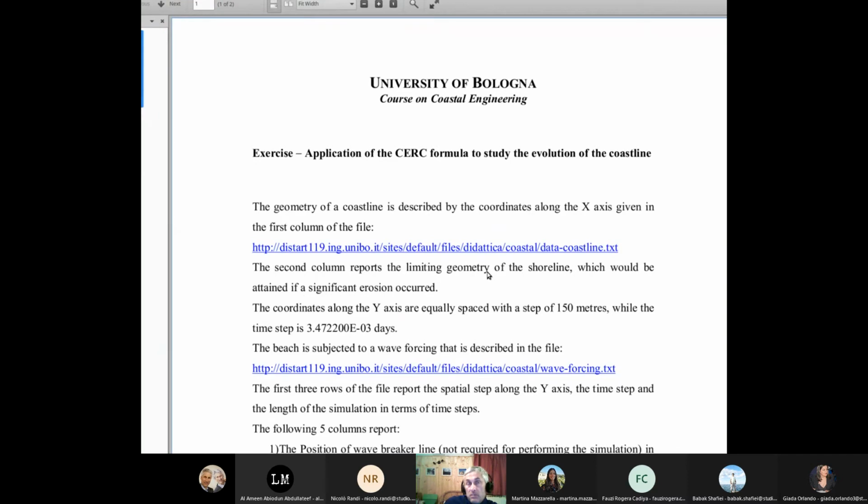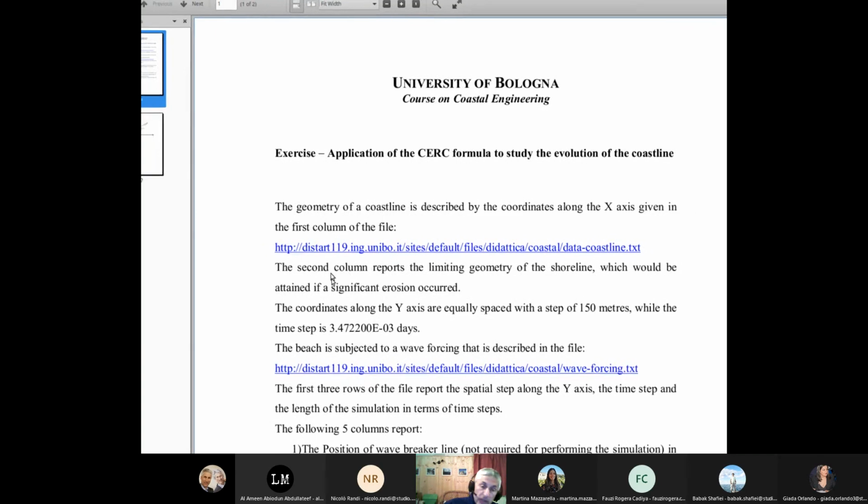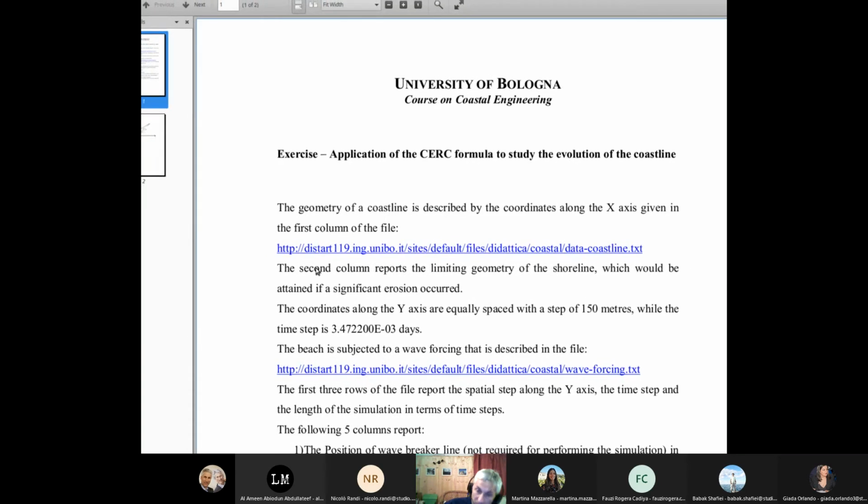But there might be limits like a seawall. If you have a seawall in the land, then erosion stops when, of course, it gets against the seawall. So if you have a limiting configuration of the shoreline, then we need to take it into account. And it is given in the second column. Actually, we will not use it, but it is anyway useful.